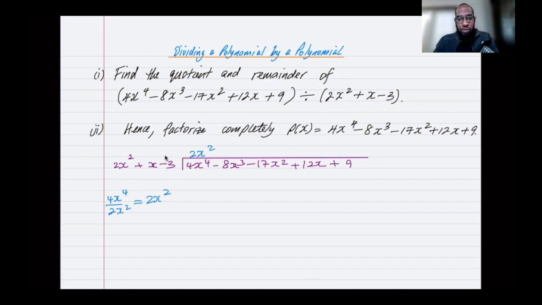So when you're multiplying two same signs, it's a positive. 2 times 2 is 4. X squared by x squared is x to the power 4. Right? When you do that, you realize you have the same terms. So that is why we did all of this. So we get the same term here. Continuing, when you're multiplying two same signs, it's a positive. 2x squared times x is 2x cubed.